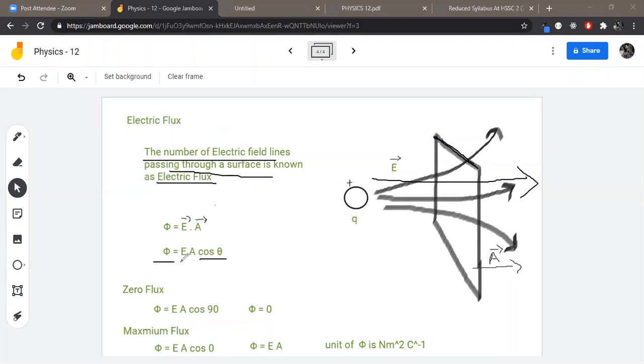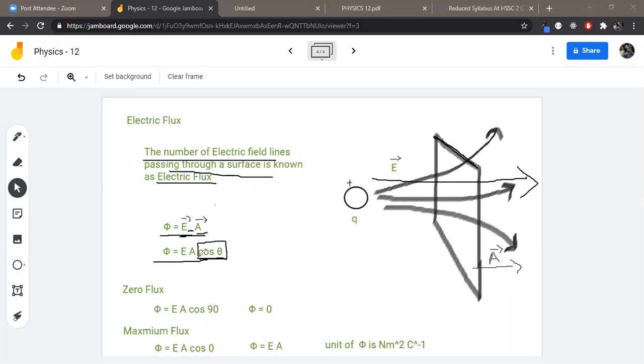So this is basically the concept of dot product between two vectors. The electric field is a vector quantity, and the area vector is also a vector quantity, and they are having a dot product in case of electric flux. To remove this dot product, we have to add the cos of theta.